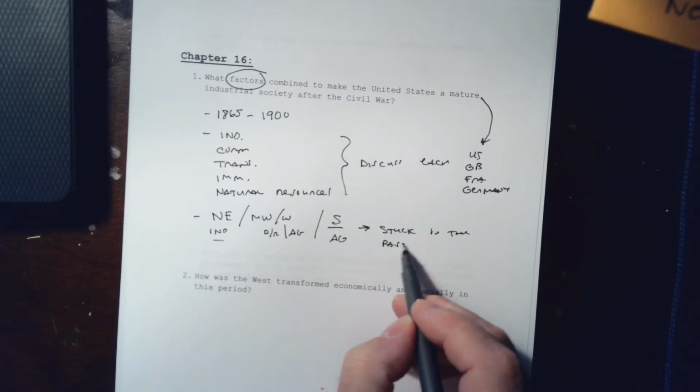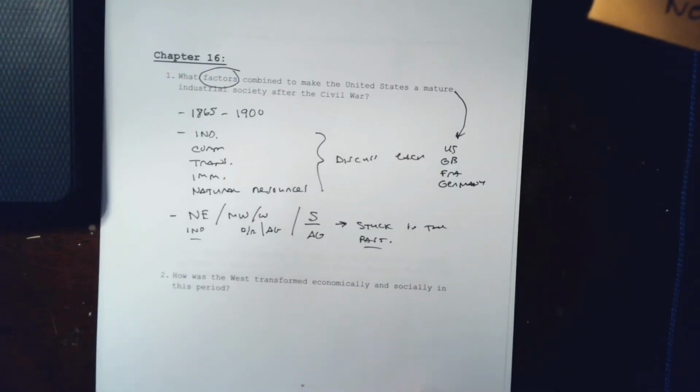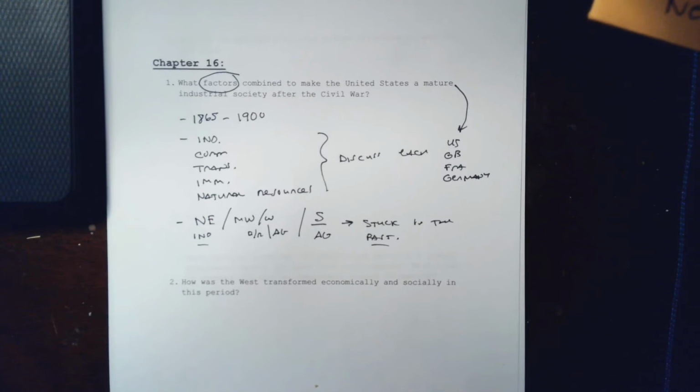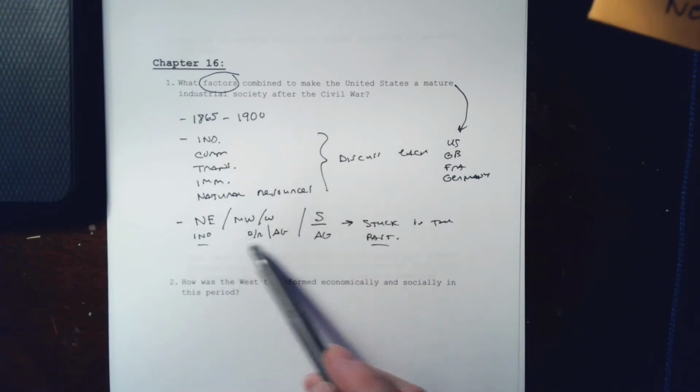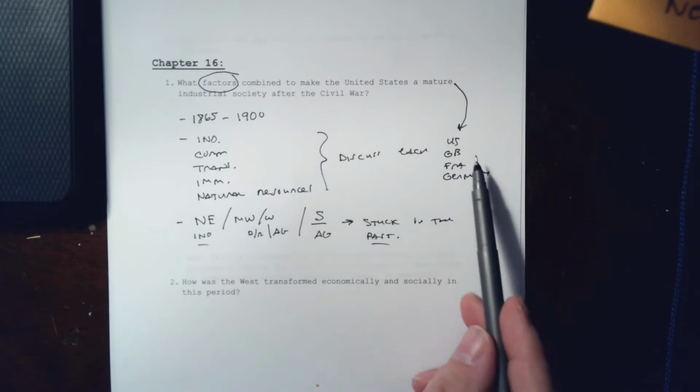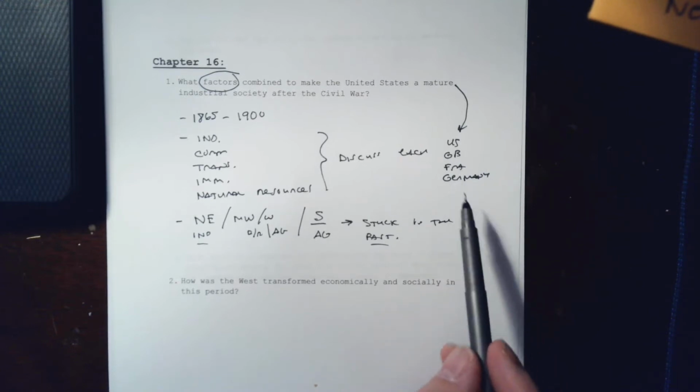And that's going to be crucial because that's really the only one thing that's going to hold up this mature industrial society. So again, time, discuss these factors, where, and then kind of the consequences of it all.